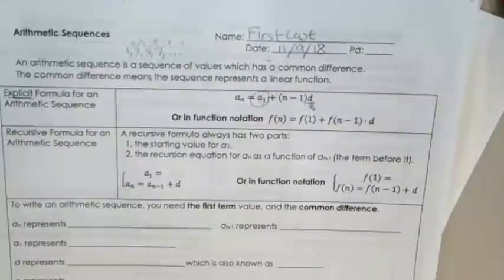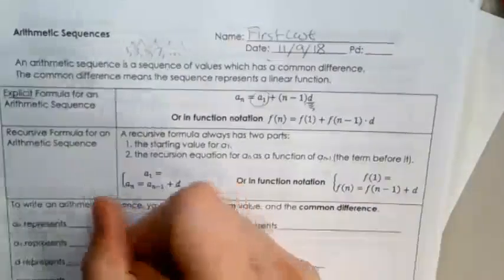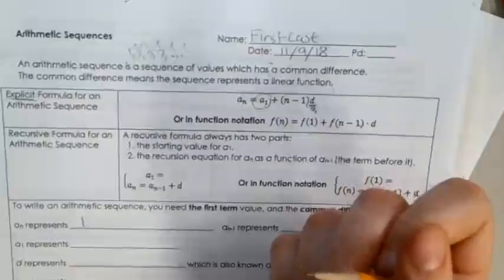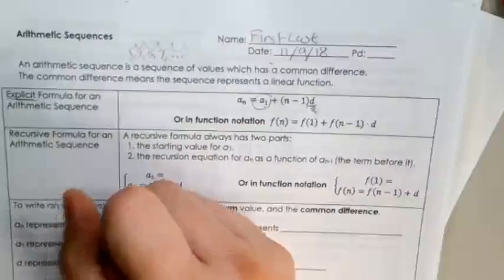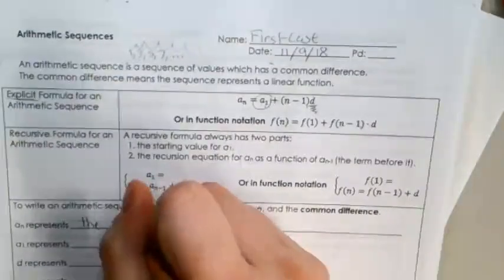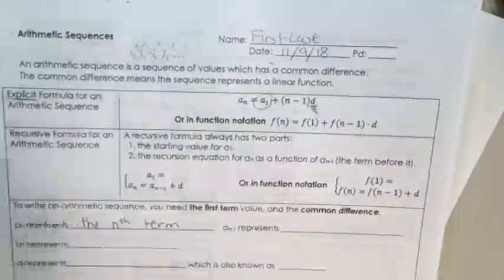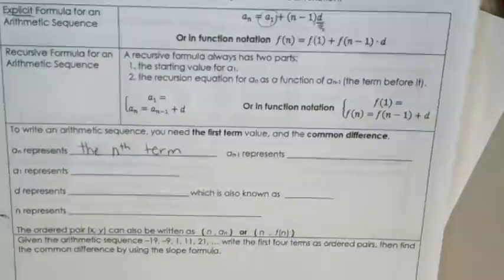But let's look at what some of these notation parts mean. A sub n represents the nth term. So a sub 8 is the 8th term. A sub 30 is the 30th term.